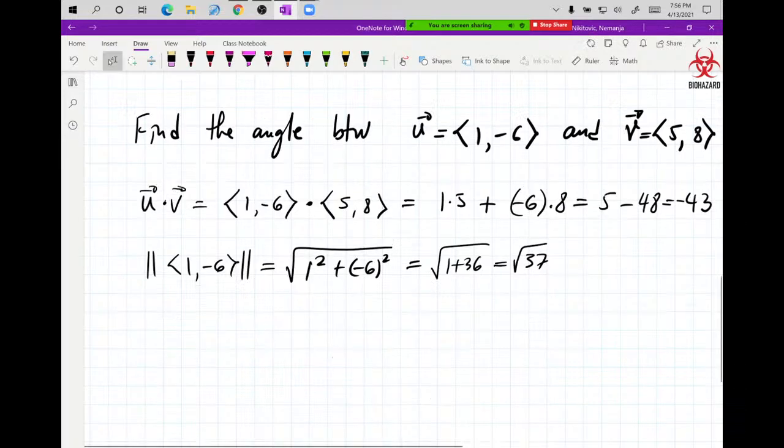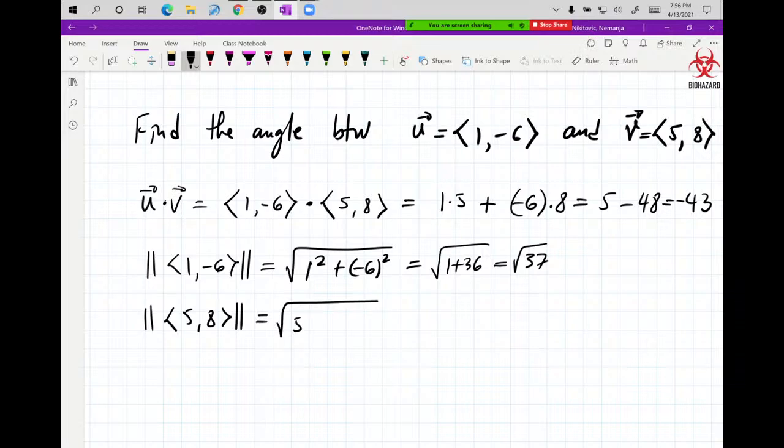And finally, the last piece of the puzzle is the magnitude of (5, 8), which is the square root of 5 squared plus 8 squared, which is the square root of 25 plus 64, which is the square root of 89.